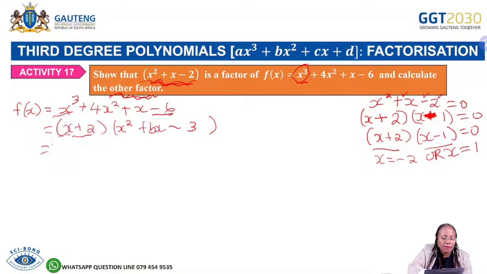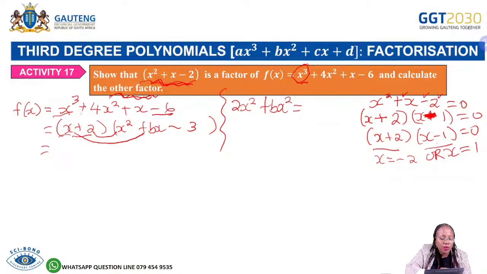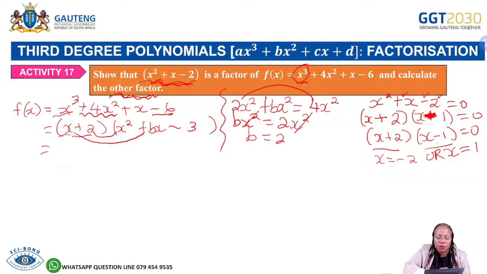And then let's test the b value, 2x squared plus bx squared equal to the x squared in your function, which is 4x squared. Then bx squared will be equal to 4x squared minus 2x squared, which is 2x squared. Therefore, the value of b will be equal to 2.